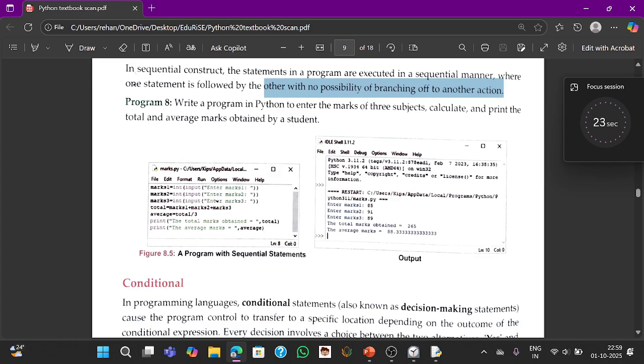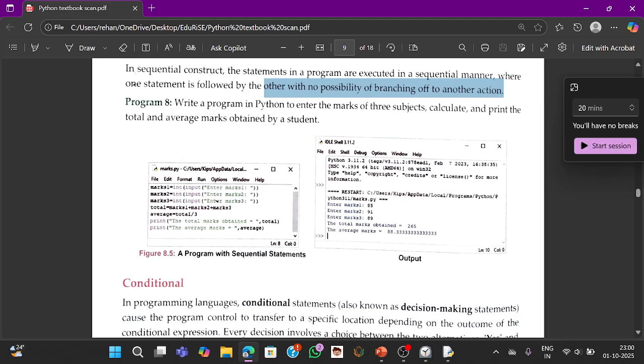The friend will be entering different subject marks, and your program will be able to calculate the total and average. That will be so exciting to learn, when you are doing a practical application by using this programming language. So let's do this program in the next class.